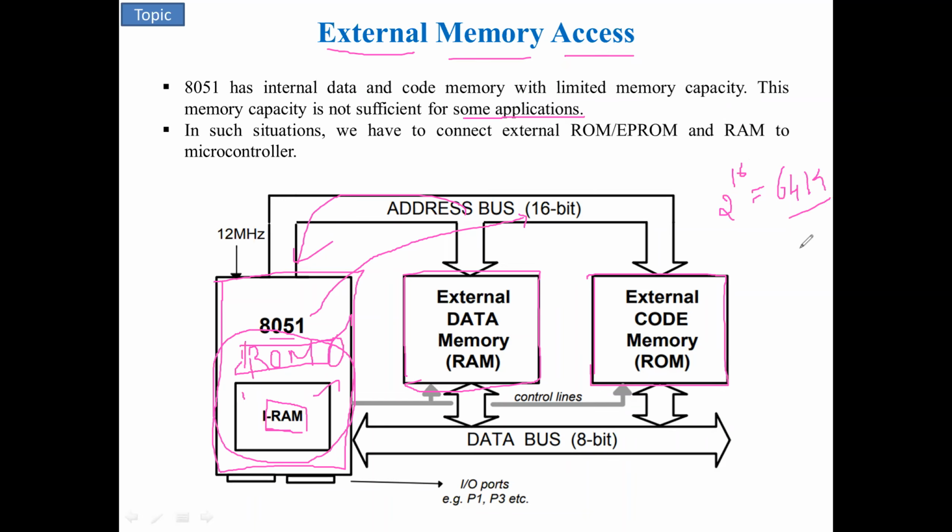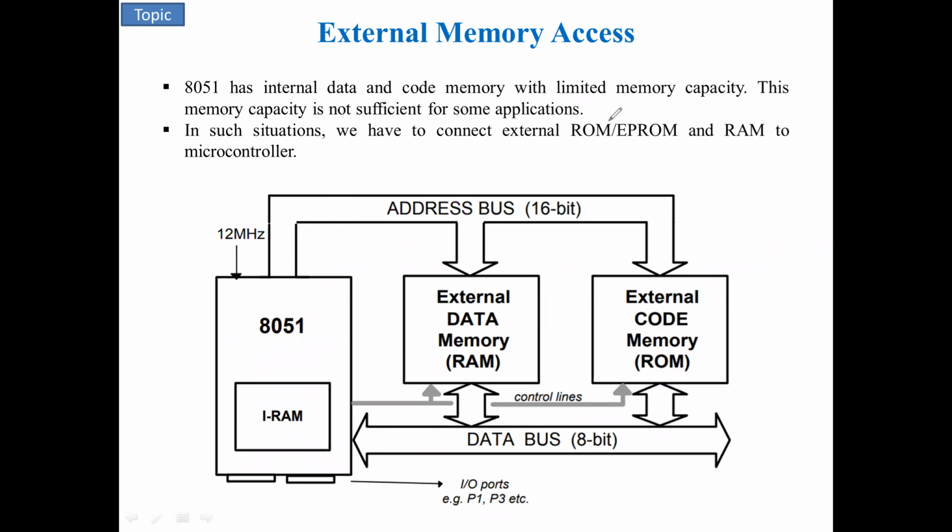This is the size of memory which you can interface with 8051. This can be one of the entry questions also. Depending on the number of address lines, you can decide the maximum capacity of memory that can be interfaced with 8051.